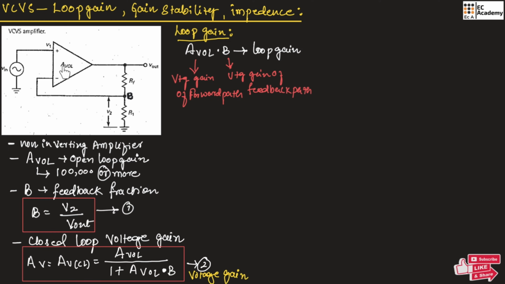So the voltage gain of the forward path multiplied with the voltage gain of the feedback path is known as the overall loop gain. It will complete the entire loop.